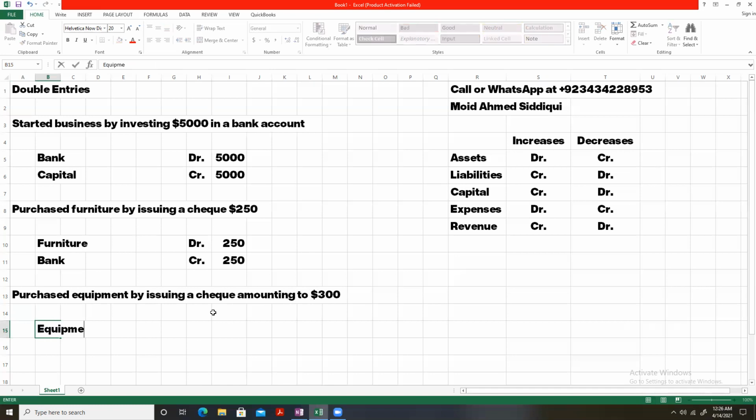Equipment is an asset that will come into the business. By purchasing equipment, we are increasing equipment in the business. We will debit the equipment account and we will credit the bank account. Since we are issuing a check, we are making payment from the bank account. The bank account balance will decrease, so we will credit the bank account of the business.